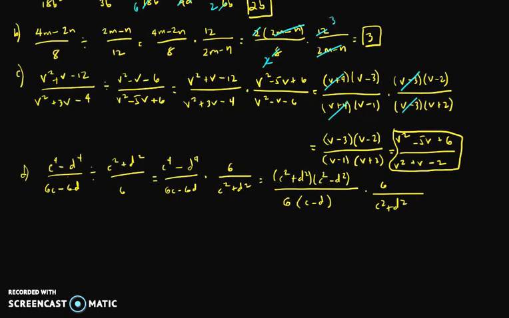Okay, so applying laws of cancellation, can cancel 6, okay, can cancel c squared plus d squared. But if we're going to write this one, you can see that this still can be factored, so that will give you c plus d times c minus d over c minus d.